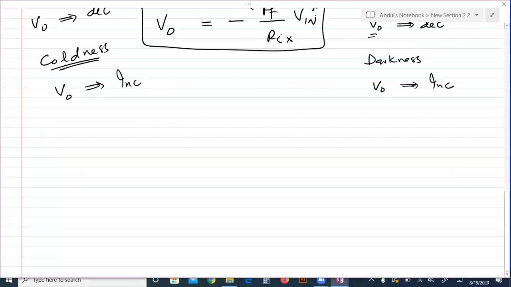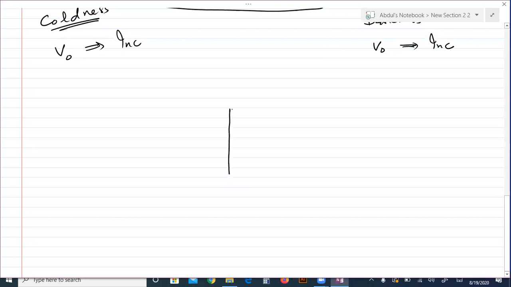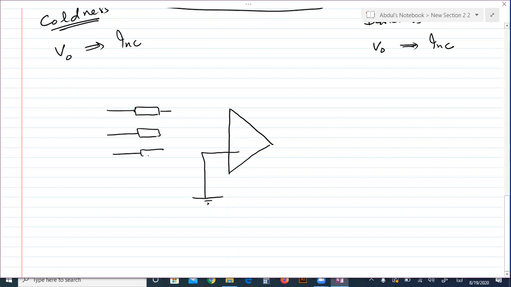Now, this operational amplifier, which is the inverting negative feedback operational amplifier, suppose one of the terminals is connected with the earth, and there are multiple inputs. This is suppose the first resistor, this the second resistor, this the third resistor, and all resistors are joined, and the common voltage is given to the op-amp.